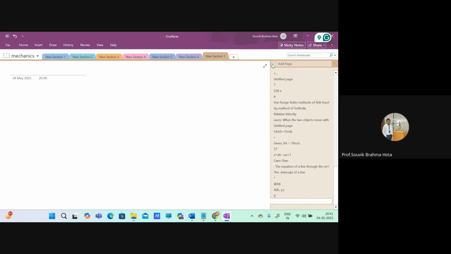If they give you two given points, you can definitely calculate the m value. Correct? Because m is actually rise over run, so (y2 minus y1) divided by (x2 minus x1).